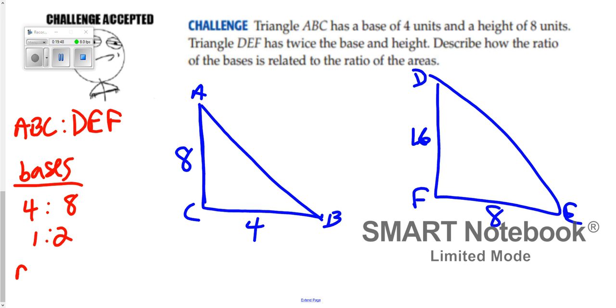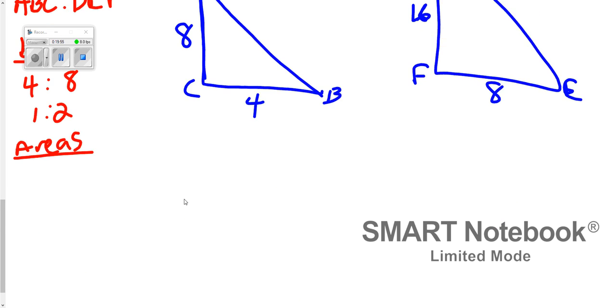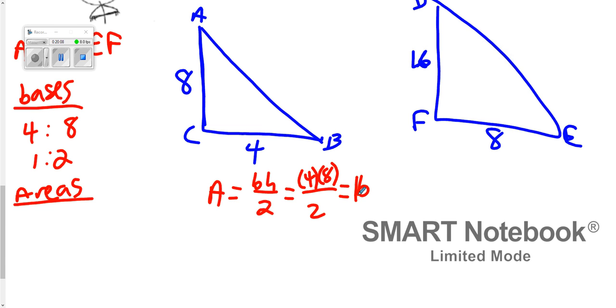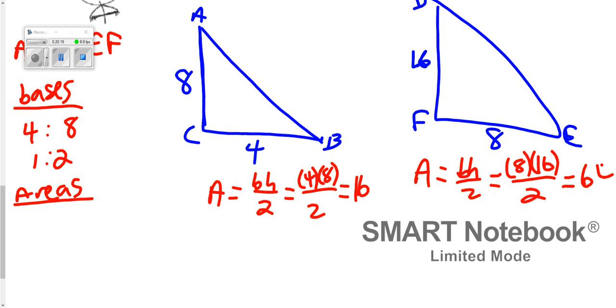So now if I want to do the same thing with the areas, well, let me just extend this page. First, I'm going to have to find the area. So the area is base times height divided by 2, which is 4 times 8 divided by 2, which is 16. And the area of this one is base times height divided by 2, which is 8 times 16 divided by 2, which is 64.